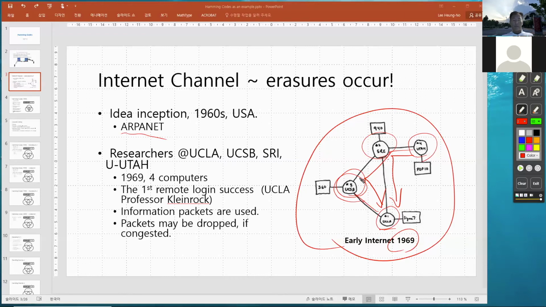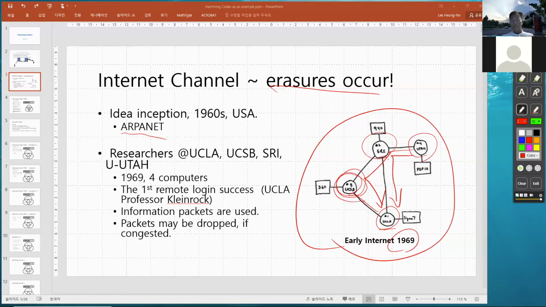And whenever a node receives too much information, too many packets, some packets are dropped. And then because of that, erasures occur. So this type of channel is called the erasure channel.